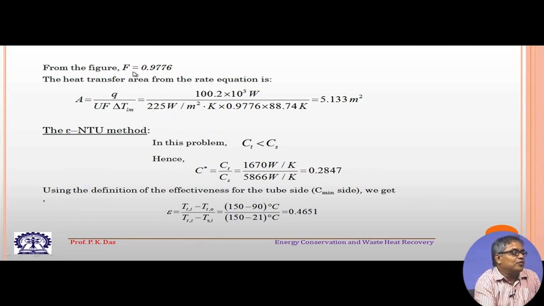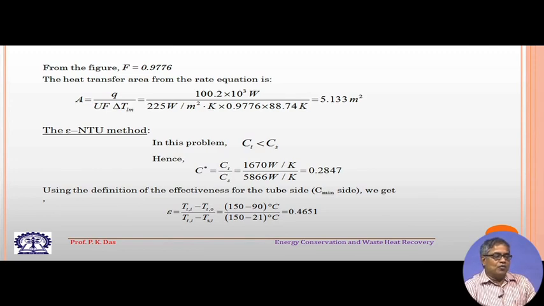F is equal to 0.9776 from the previous chart, which you can also check, and with this value of U F and the LMTD we have already calculated, putting all the values we get 5.133 meter square. So, this is the surface area needed for heat transfer. This will be the surface area of the tubes present in the heat exchanger.